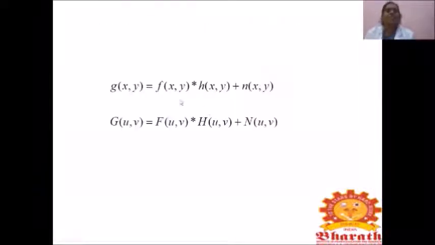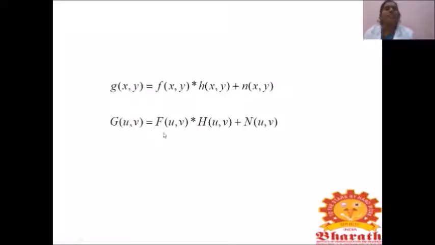See this equation: g of x comma y is equal to f of x comma y, the original image, convolution, where the star represents the convolution operator, h of x comma y is the degradation function, plus noise n of x comma y. This is written in the spatial domain.